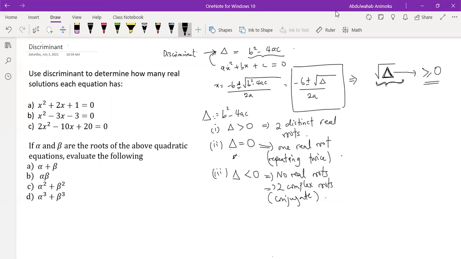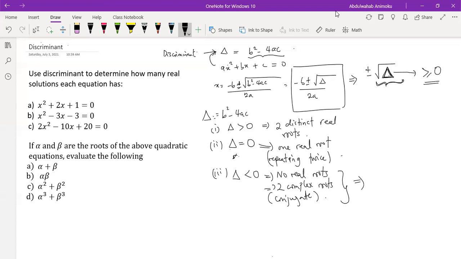If the number inside the square root is negative, that's when you have complex roots, which is the case here. So when the discriminant is negative, we have two complex roots, and both of them will be conjugates of each other because of the plus or minus in front of the square root.